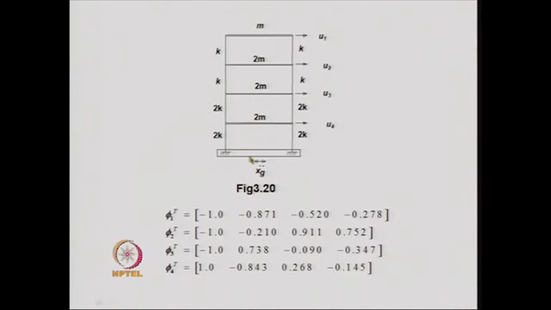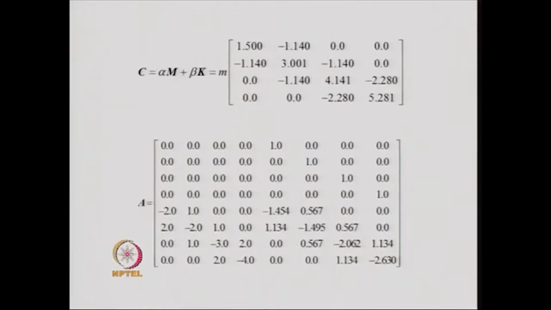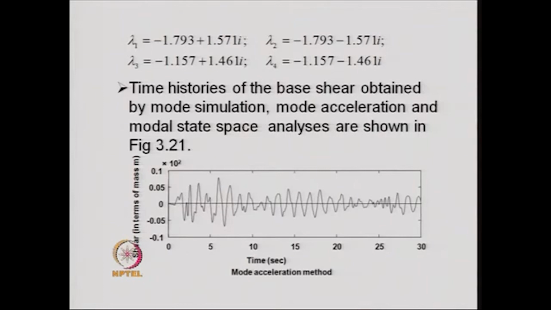Since there are 4 degrees of freedom, we will have 4 single degree of freedom state space equations, and we can also solve this problem using the mode acceleration approach and mode summation approach in the time domain as well as in the frequency domain. So, all the results are shown over here.